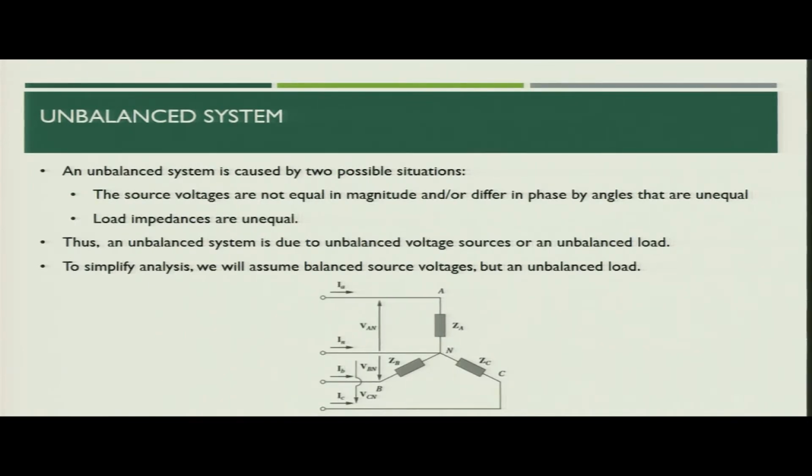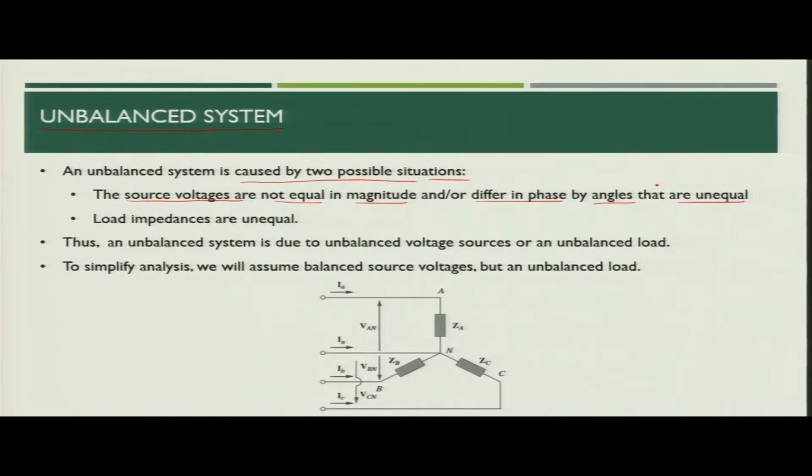First, let us understand what an unbalanced system is. An unbalanced system is caused by two possible situations. One is that the source voltages are not equal in magnitude and/or differ in phase by angles that are unequal.